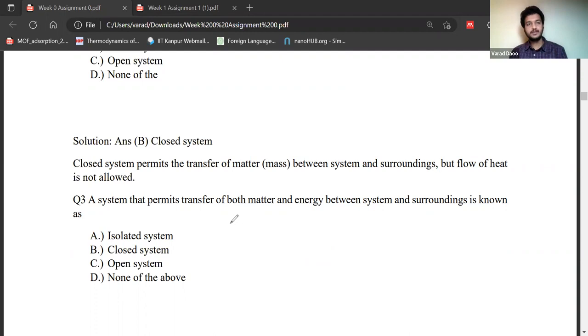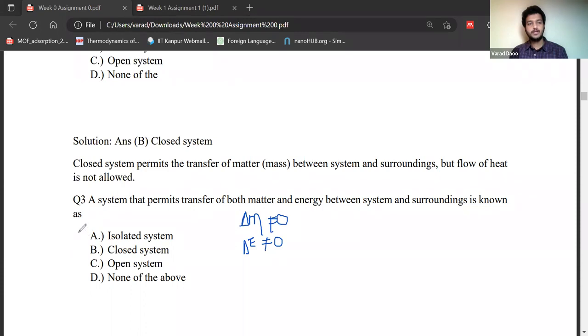Okay. So what we have is that it permits both the transfer of matter, that means delta M not equal to 0, delta E not equal to 0, right? So which system will it be?